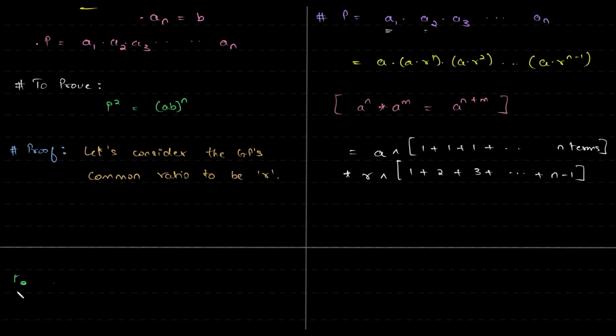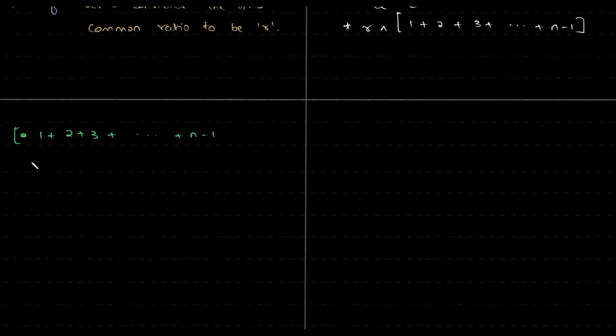So what is 1 plus 2 plus 3 plus up to n minus 1? This is clearly a sum of natural numbers. We have a direct formula for that. If you don't remember it, we can make use of the AP formula, Sn is equal to n by 2 into (2a plus (n minus 1) into d).